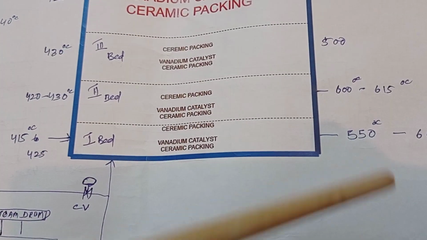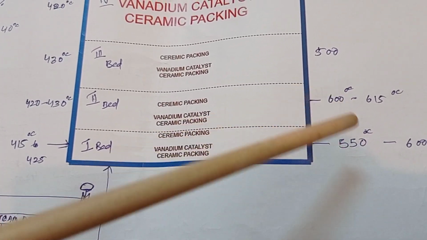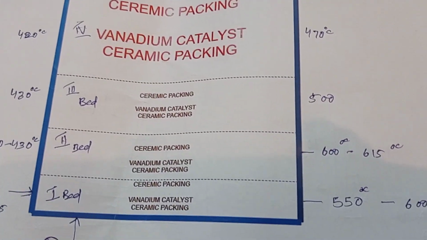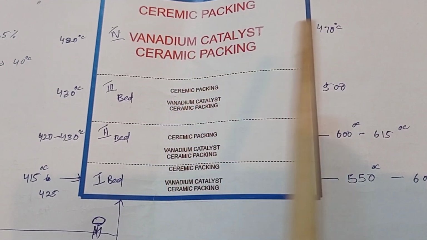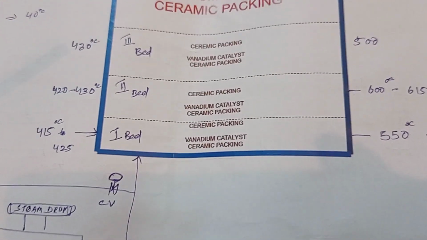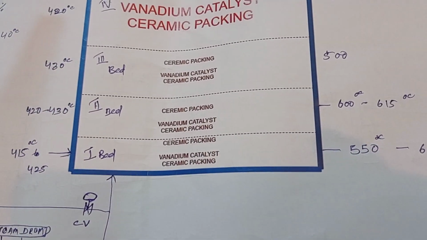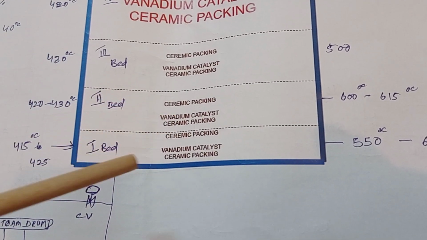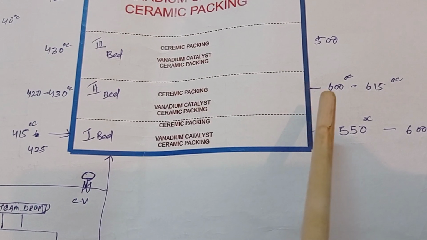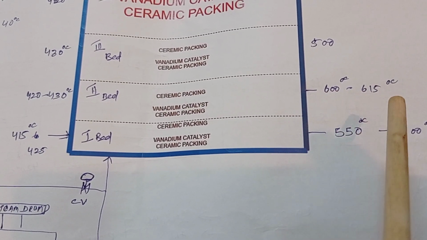In the heat exchanger the temperature will get reduced. For example, the gas coming from the intermediate absorption tower will have a temperature of 70 degrees.